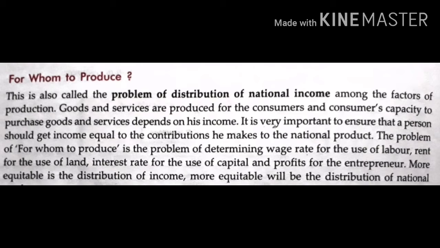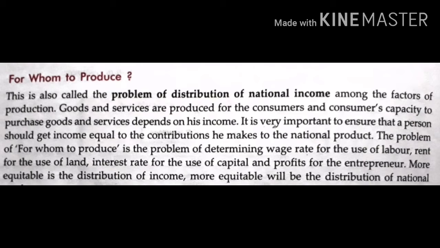And all these goods and services are produced for which type of people? The answer is that these goods and services are produced for all the people residing in the country. On this basis, let's start reading from the first line.